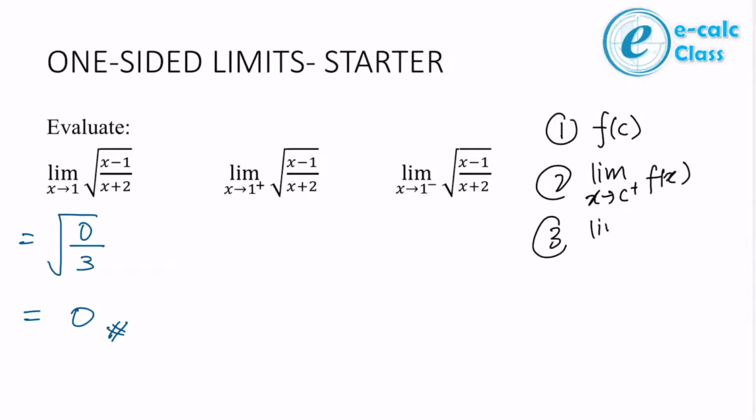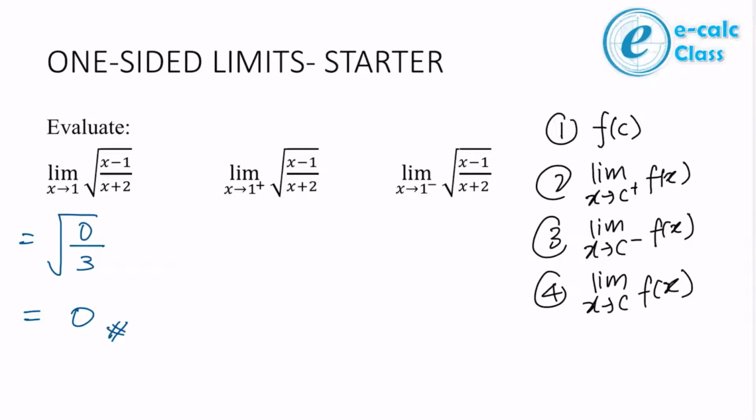Then the limit when x approaches c from the left. Last but not least, the limit when x approaches c from both sides. Then we compare these values to conclude whether the limit exists or whether the function is continuous at that particular point.